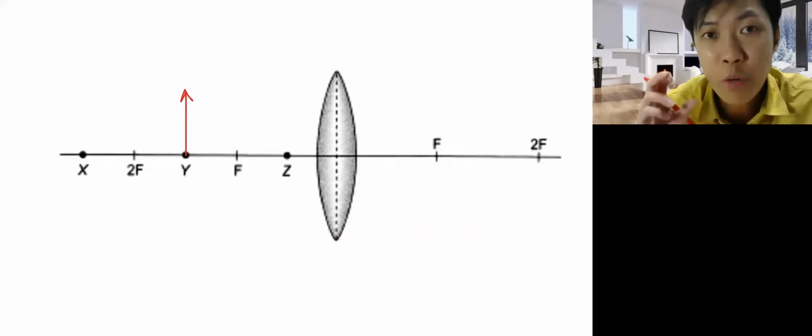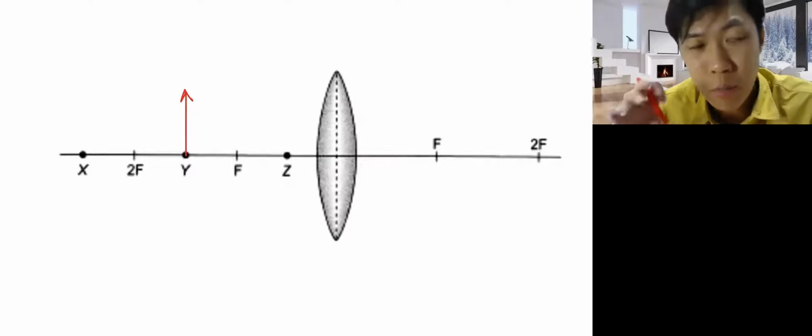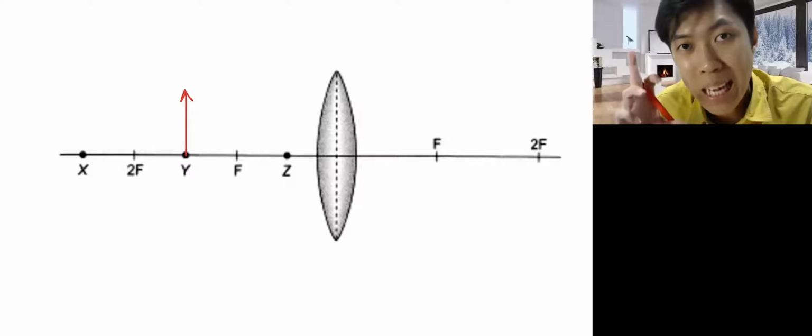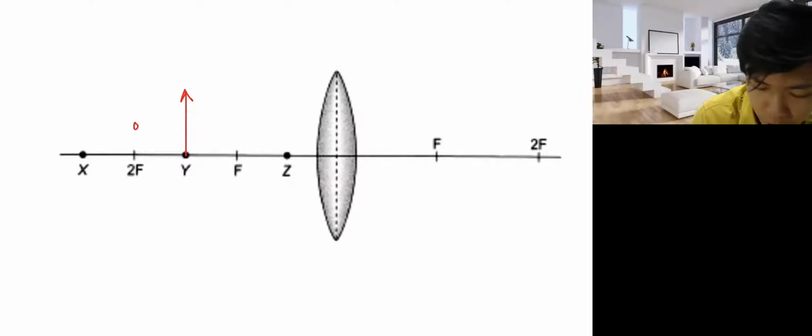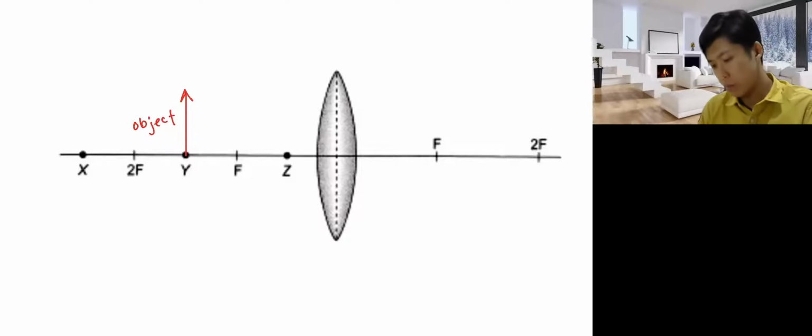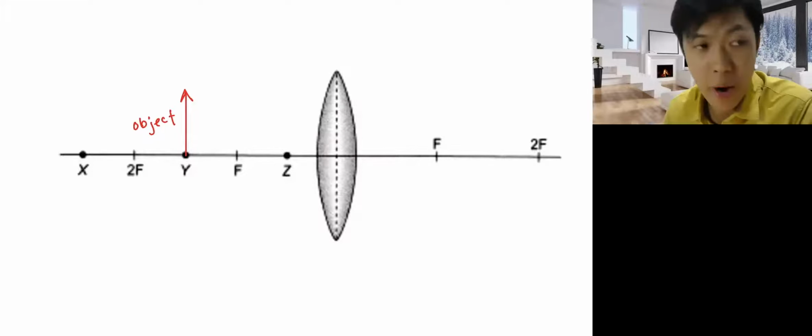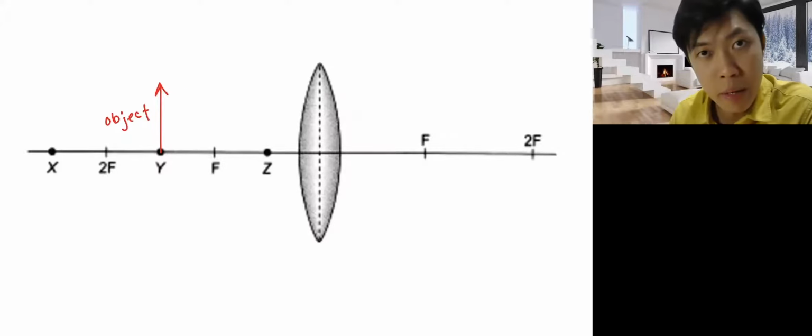Can you measure with your ruler and draw with your pencil? Measure 0.8 cm tall of the object. And of course, label this, this is the object. All right, can everyone, no problem? I continue.